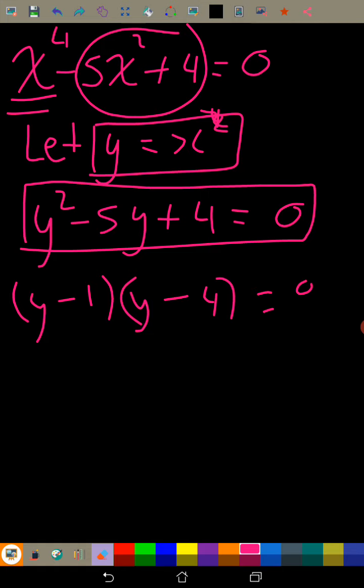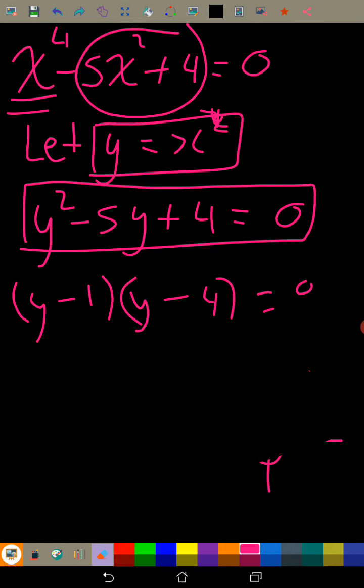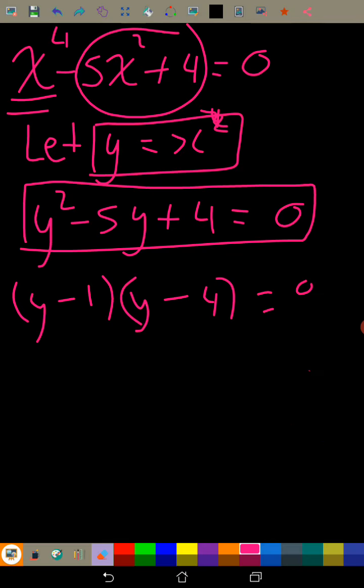And actually I don't know how to draw this, I think it should be somewhere like that. I cannot draw it right now. So let's solve this problem. We have y is equal to 1 and y is equal to 4.